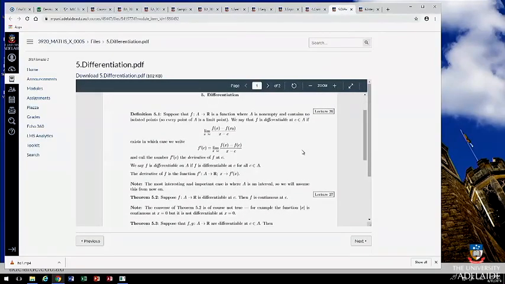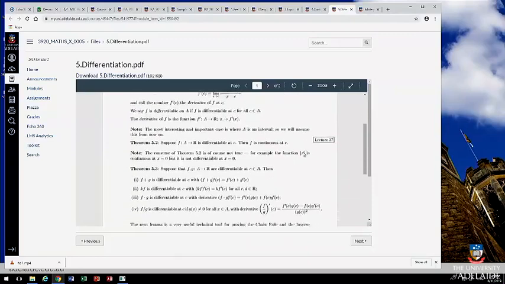Suppose that f which sends A to R is a function where A is non-empty, interesting, and contains no isolated points, also interesting. Then we say f is differentiable at the point c if the limit exists, in which case we say that limit is f dash c. And it's differentiable on A if it's differentiable for all c in A. Okay?